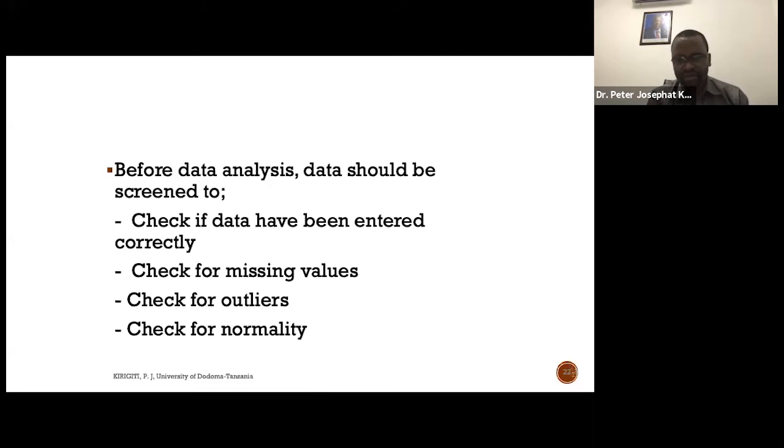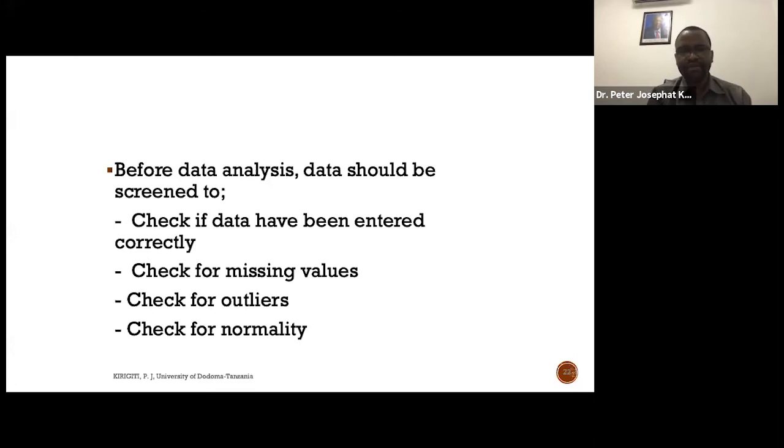So it is better to cross-check the variables of interest, whether the respondents have responded to that question and whether we have data for analysis. Otherwise, we mislead the public. Let us check for the outliers.